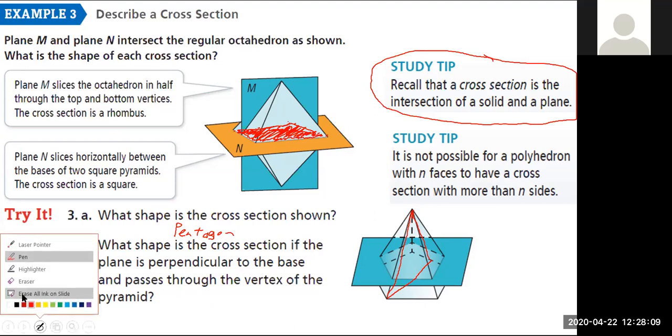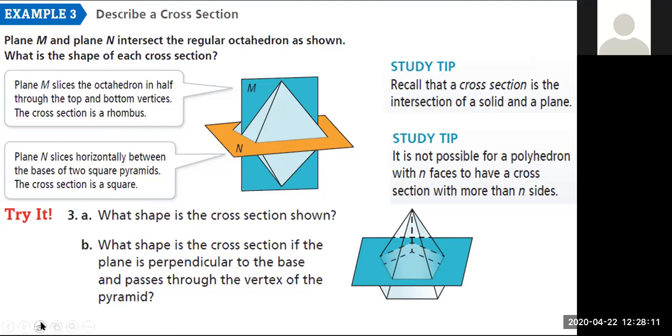So that question is not there, but I'm gonna go ahead and re-ask this question a different way. What is the cross section if the plane is perpendicular to the base and does not pass through the vertex? So what would happen if it did not pass through the vertex? Would it still be a triangle?